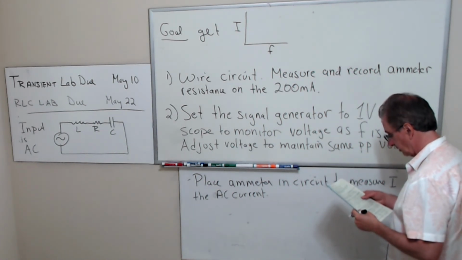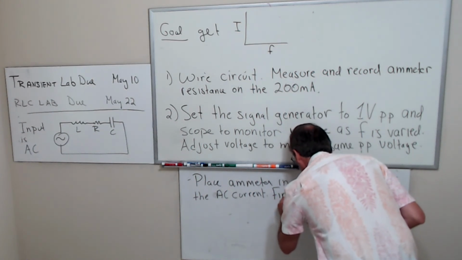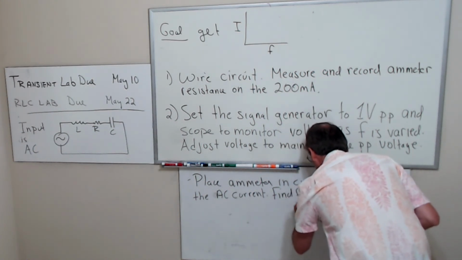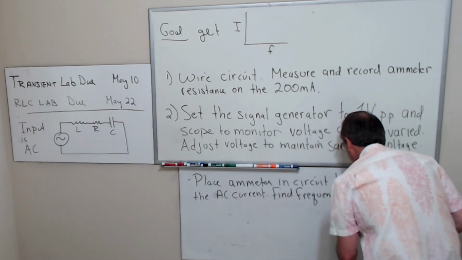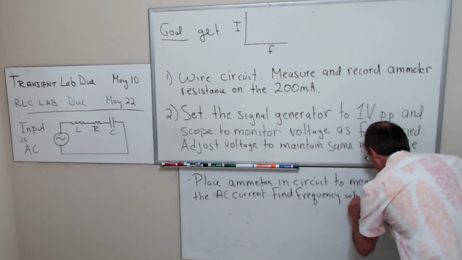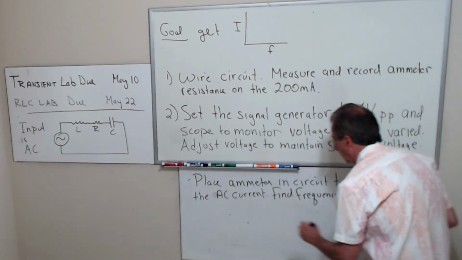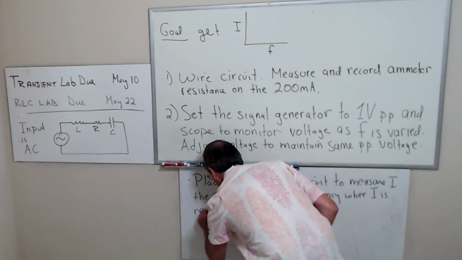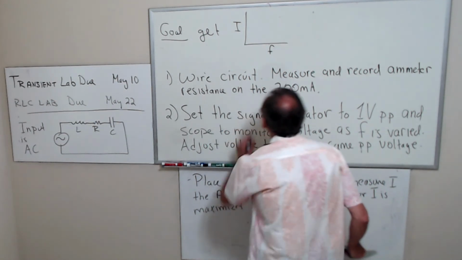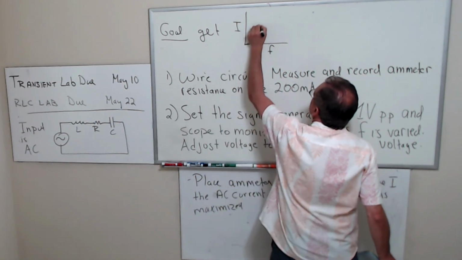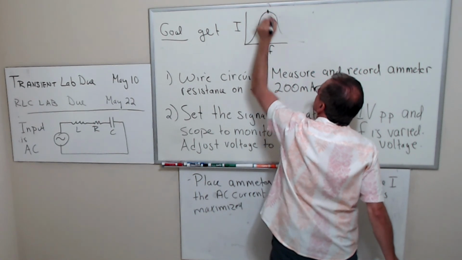All right. Now, find the frequency where I is maximized. See, this graph is going to look like this. You want to find a frequency in which I is maximized.